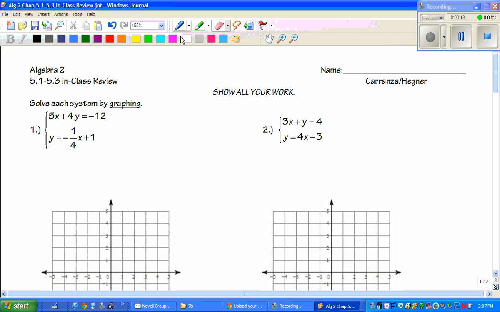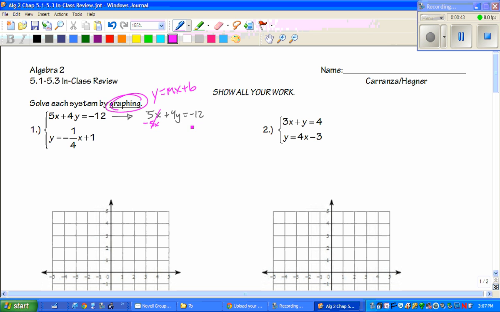So, looking at the first one, it says solve each system by graphing. Okay, graphing means we have to have that in y equals mx plus b. So our first equation right here is not like that, so let's go ahead and solve for y.